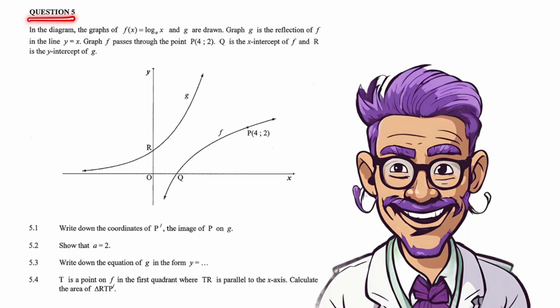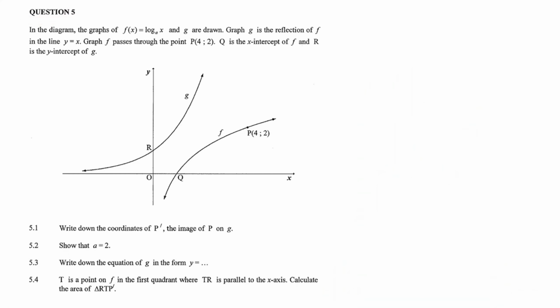Question 5 of Paper 1, June 2024. In the diagram, the graphs of f(x) equals log base a of x and g are drawn. Graph g is the reflection of f in the line y equals x. Graph f passes through the point P. Q is the x-intercept of f, and R is the y-intercept of g.